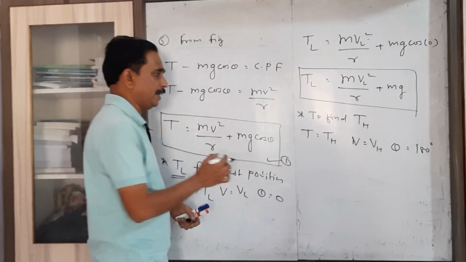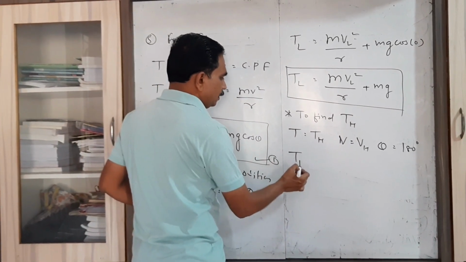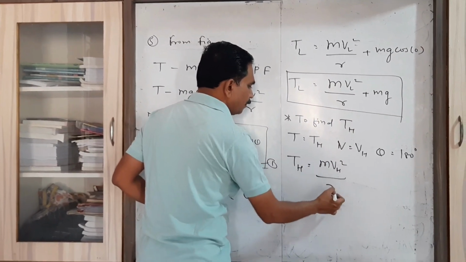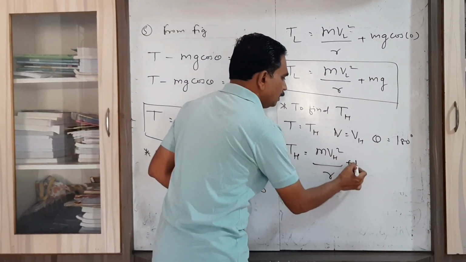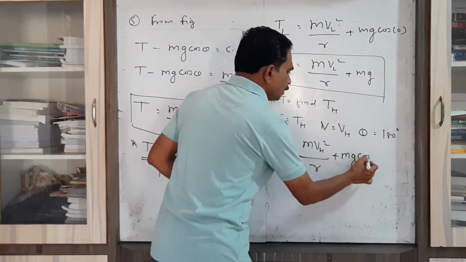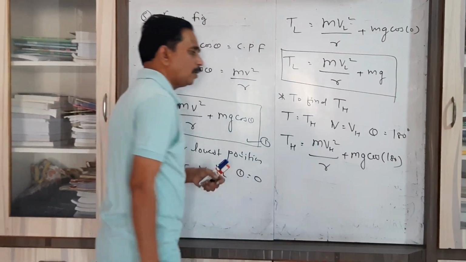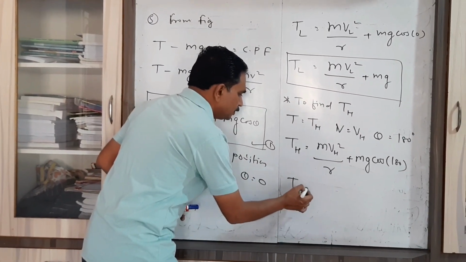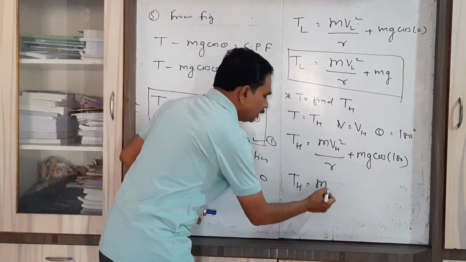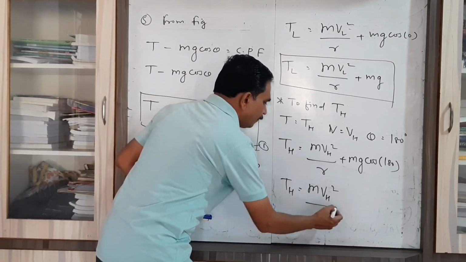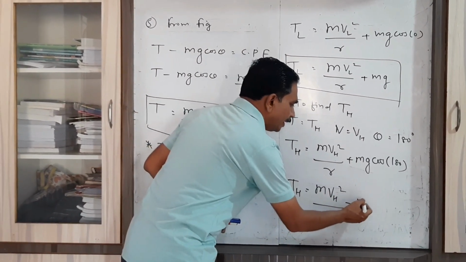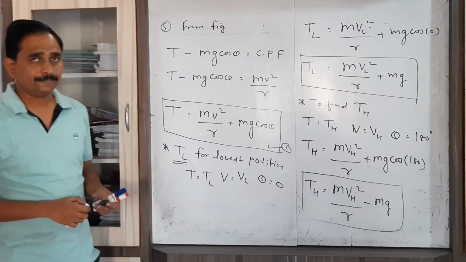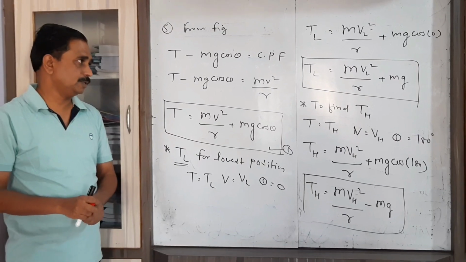So we have TH equal to m VH square by r plus mg cos 180. As cos 180 is minus 1, I write here tension at highest position is equal to m VH square by r minus mg. So this is the expression for the tension at the highest position.